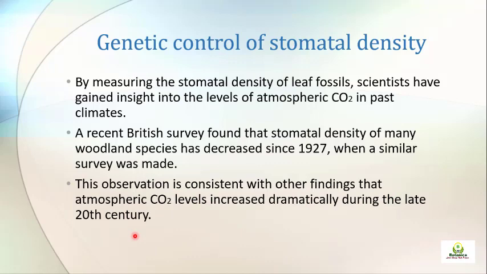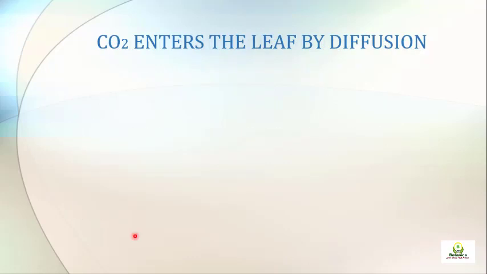As CO2 levels increase in the environment, there is no need to develop a large number of stomata. So the number of stomata has decreased according to the need of the environment. That's why we say it is genetically controlled, but modified environmentally, according to adaptation.